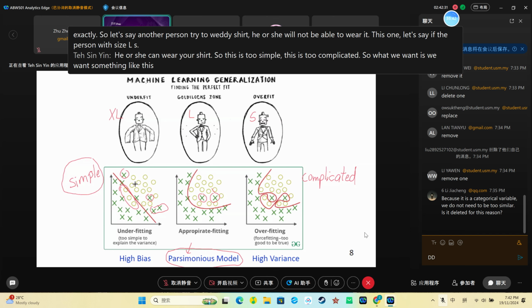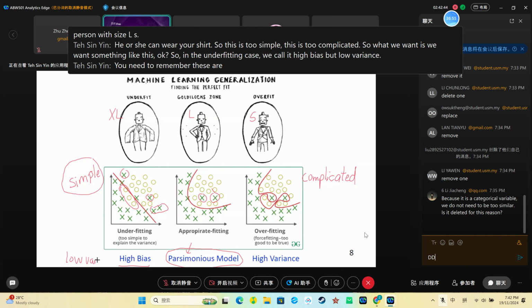In the underfitting case, we call it high bias but low variance. You need to remember this: high bias and low variance. What is the meaning of high bias?